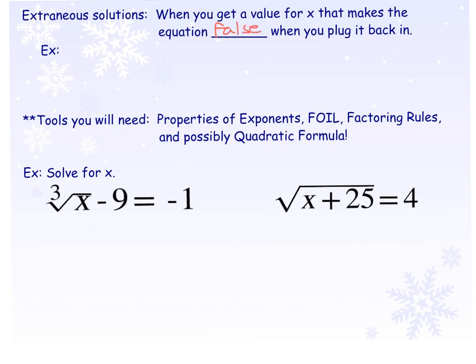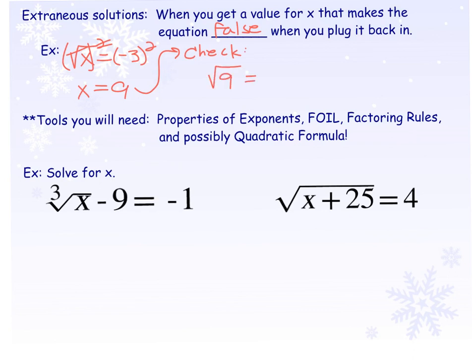If we take the square root of x and set it equal to a negative number, technically, to get x by itself, we square each side. The squared cancels out, and we have x equals positive 9. But when we check something like that, because we had an even root, the square root of 9 can only be a positive value.